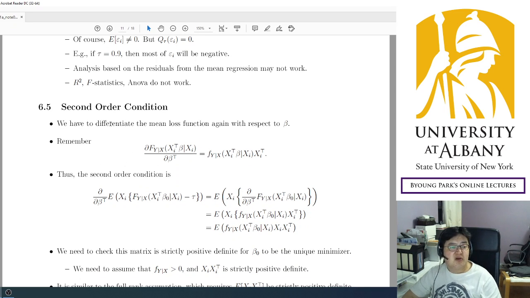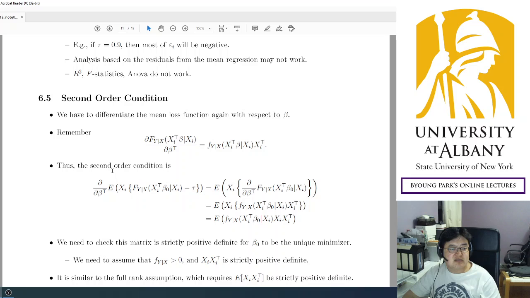Before talking about the second order condition, remember, we may write it this way. We will use this differentiation later. The second order condition can be written in this way. This was the result of the first order condition.